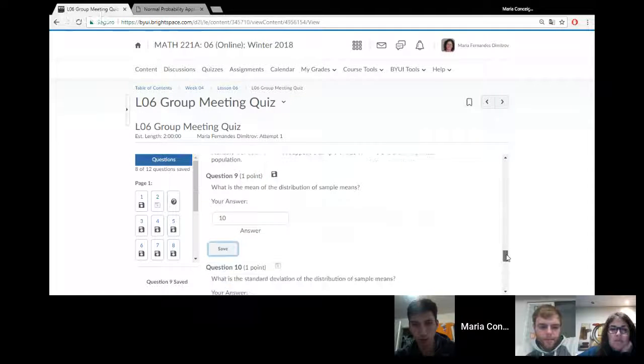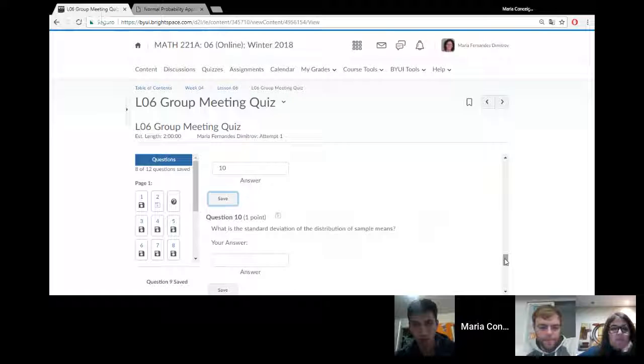Yes. So, what is the standard deviation of the distribution of sample means? Let's find out. On this one, do we need to use that formula? Yes. It's 6 divided by the square root of 36.